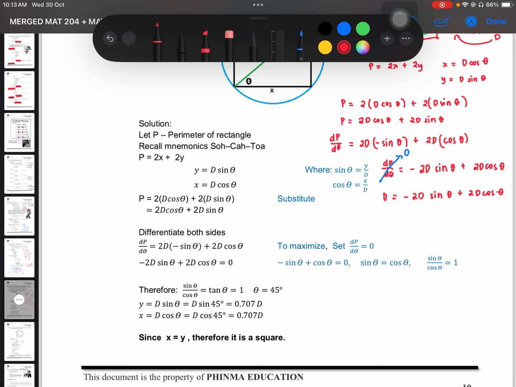Then, moving the negative term, we get 2d sine of theta is equal to 2d cosine of theta.